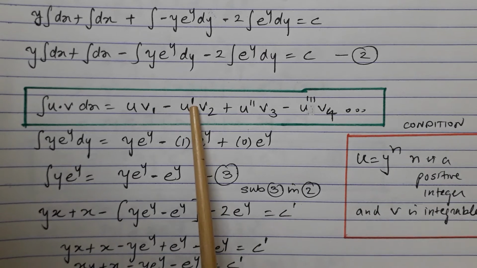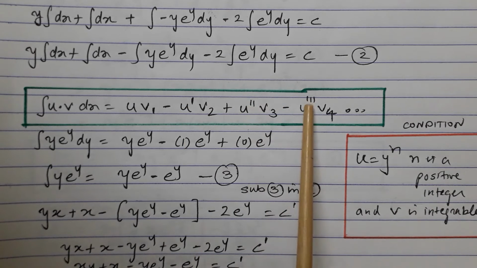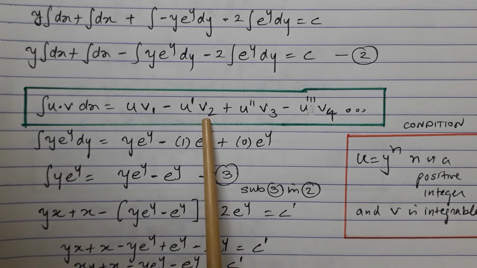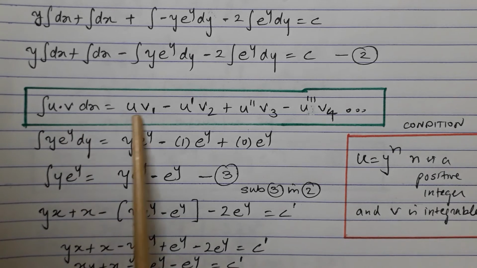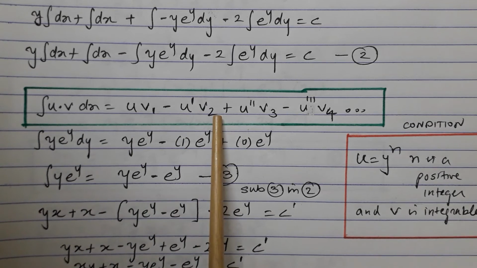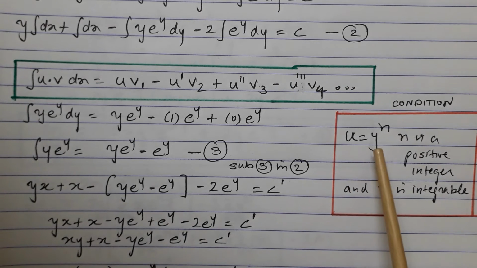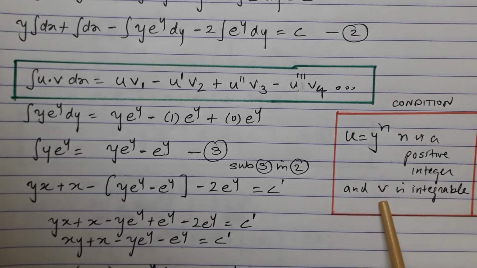Now this dash represents the derivative, first derivative, second derivative, third derivative, and the suffix 1, v1, v2, v3 represents the integration. Now we can use this particular formula only when u is of the type y raised to n, where n is a positive integer, and v is integrable.